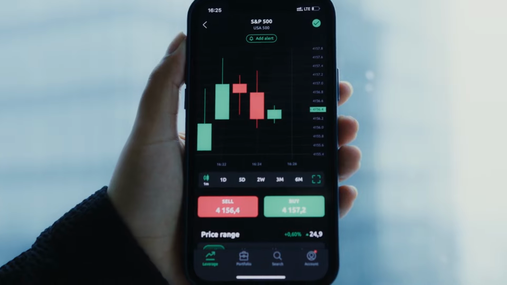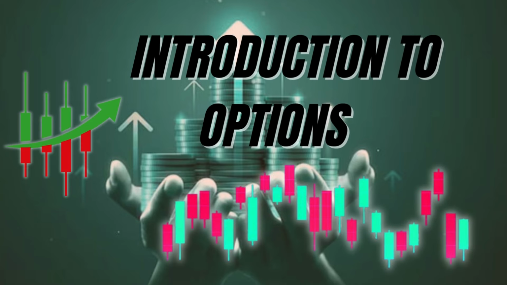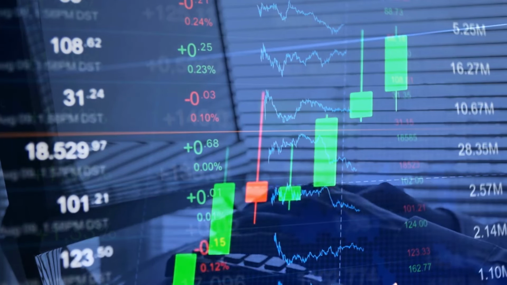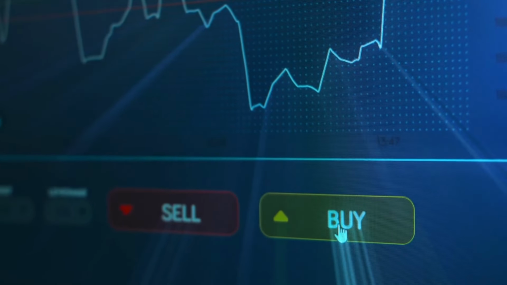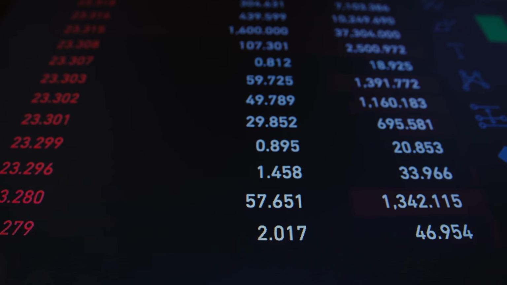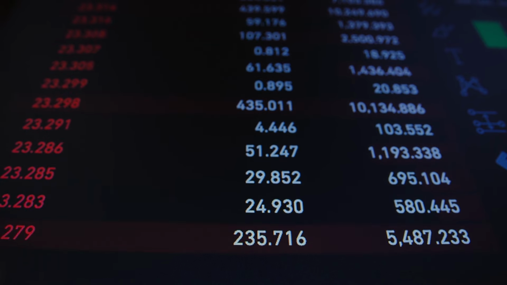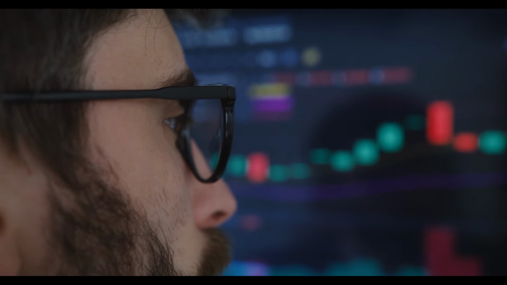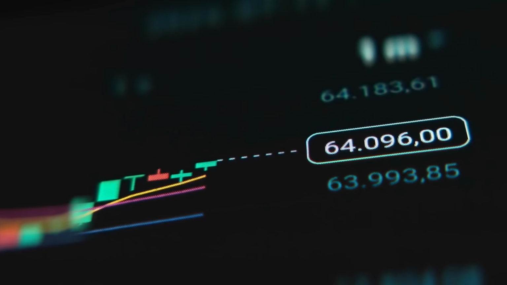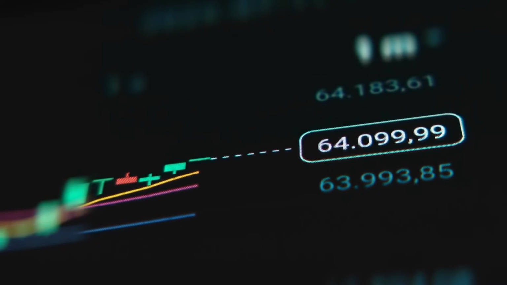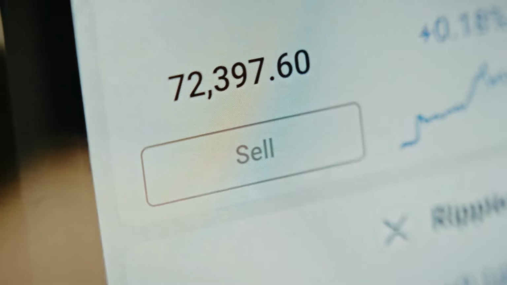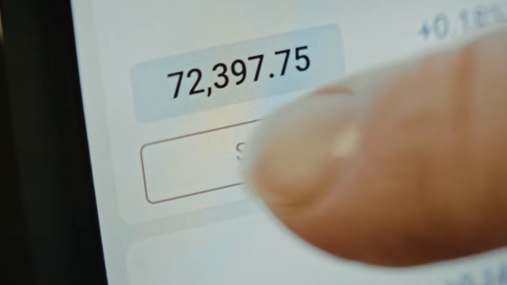Let's get started. Introduction to options. When you invest in the stock market, you can buy or sell stocks directly. But there's another way to make money without owning the stocks themselves, through options. An option is a contract that gives you the right, but not the obligation, to buy or sell a stock at a certain price by a specific date.